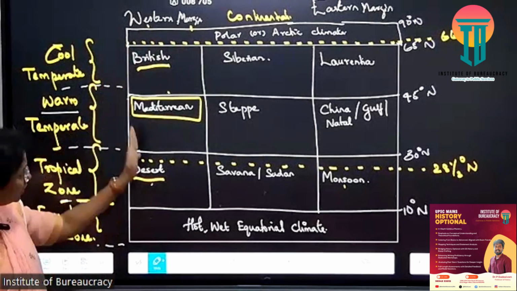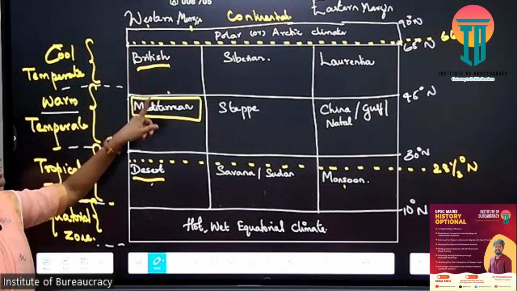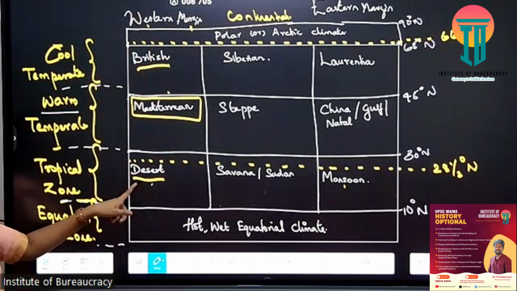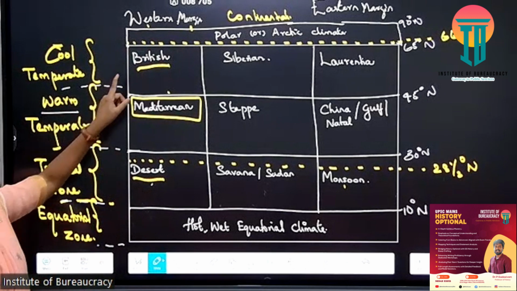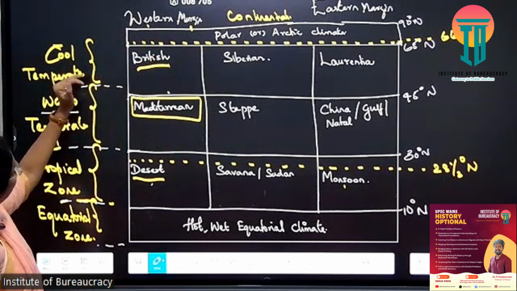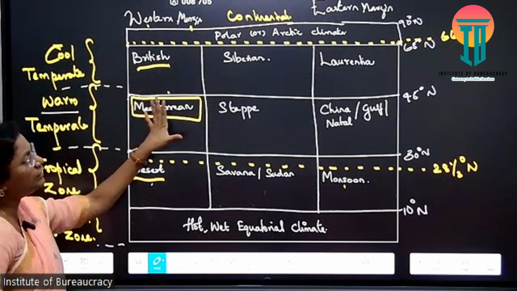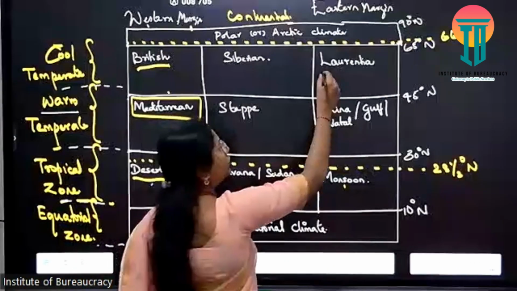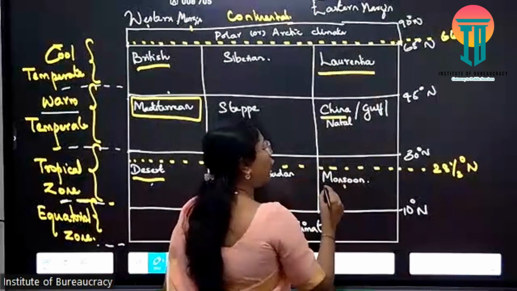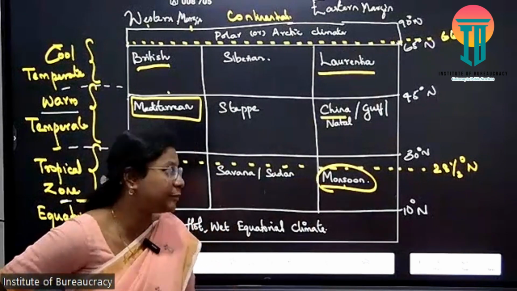British is western margin climate, Mediterranean is western margin, desert is western margin. So these are all western margin, and lying on which zone? Tropical western margin type of climate is my desert. Again, warm temperate western margin type of climate is Mediterranean. Cool temperate western margin climate is British. Similarly, Laurentian, China, monsoon are eastern margin.